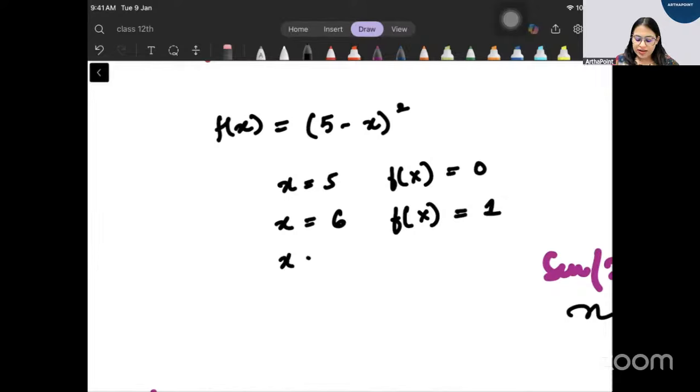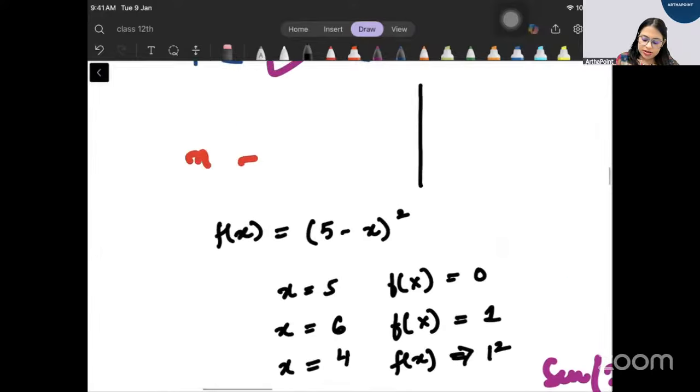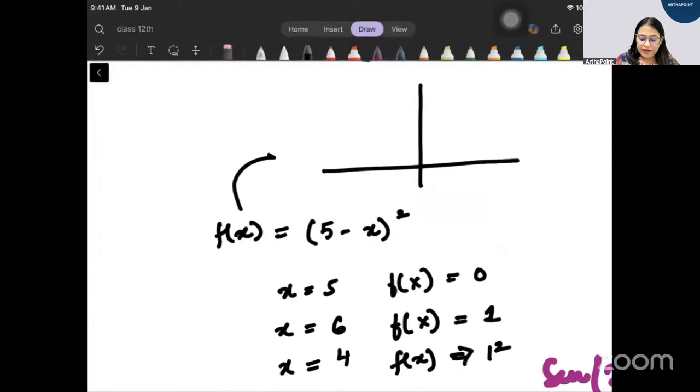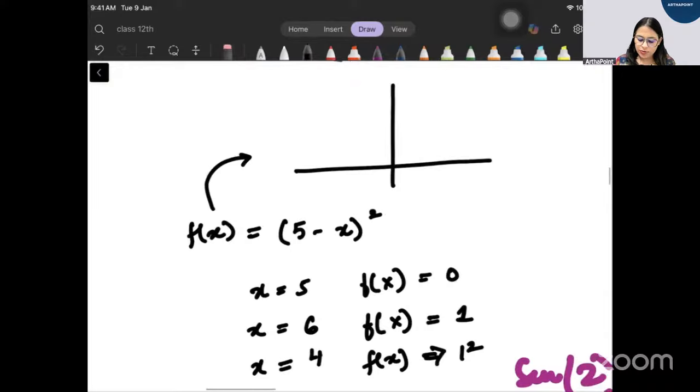And when x is 4, f(x) will be (5 minus 4) whole square, 1. So if I have to plot this, when x is 5, f(x) is 0.